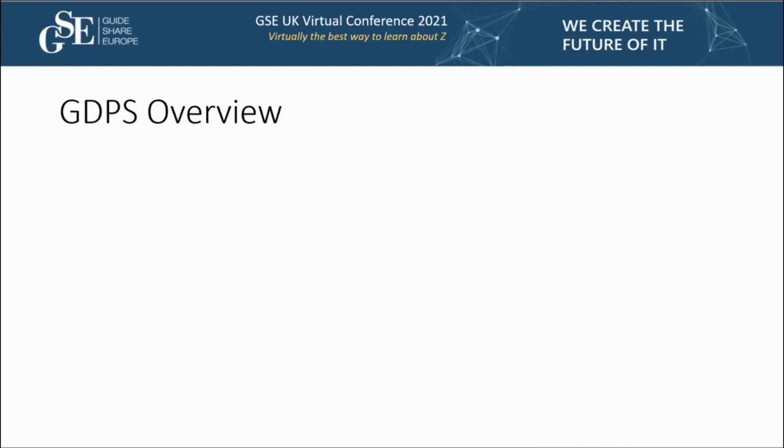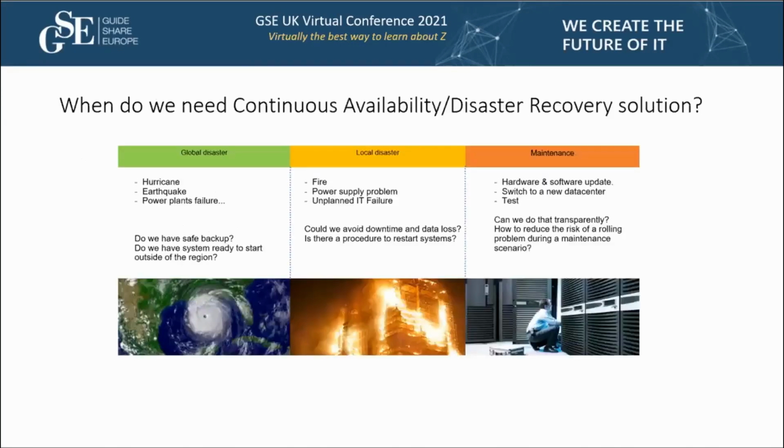So first, let's start by having a quick overview of what is GDPS and what does it offer. There are different events that can justify the need for a continuous availability and disaster recovery plan. And for all these disaster scenarios, there is a GDPS solution that provides an answer.